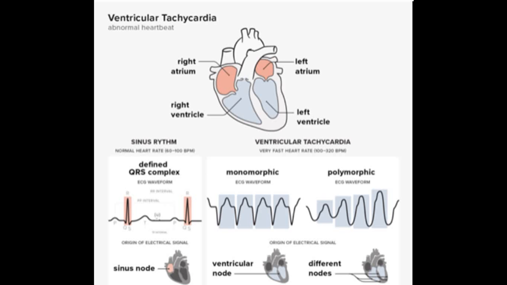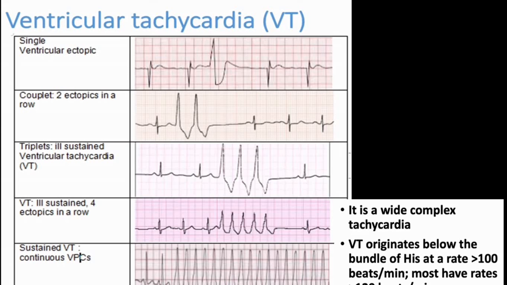If all complexes are the same, like this, then we use the word monomorphic. And if the ventricular complexes are changing, of different shapes and different amplitude, we call that polymorphic, meaning that you have multiple foci. Monomorphic means you have a single focus. These are two common terms which are utilized.